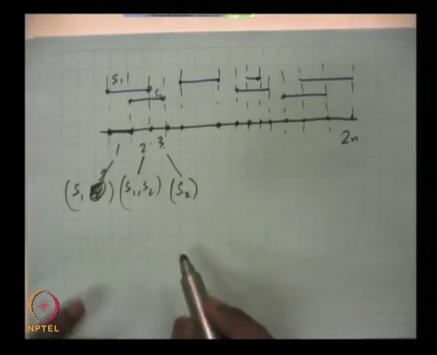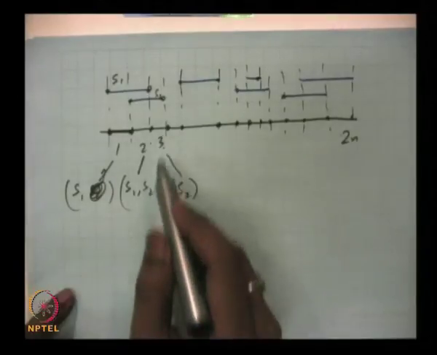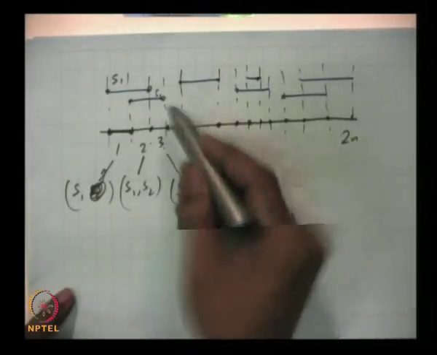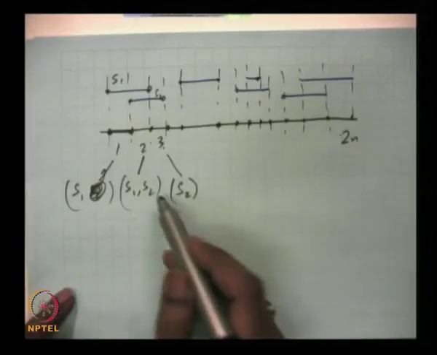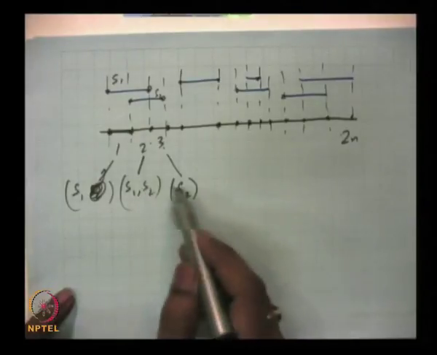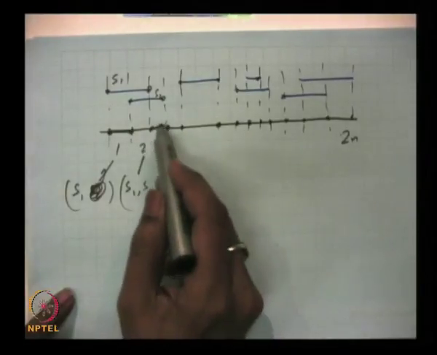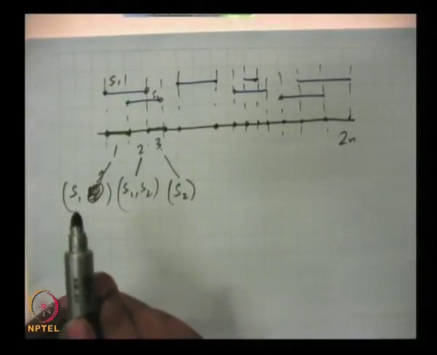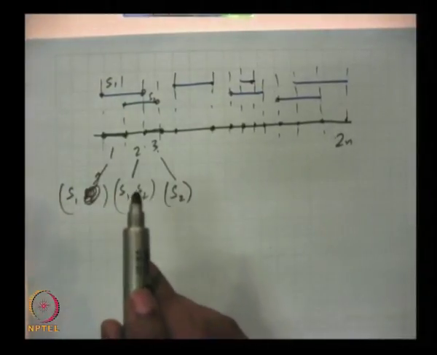The bad thing about this is, if I delete or add a segment, we know exactly which of these intervals are going to get affected, but a large number of intervals could get affected.